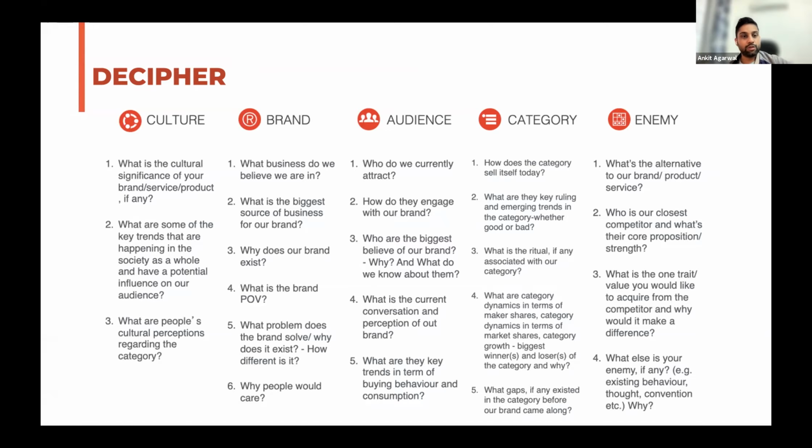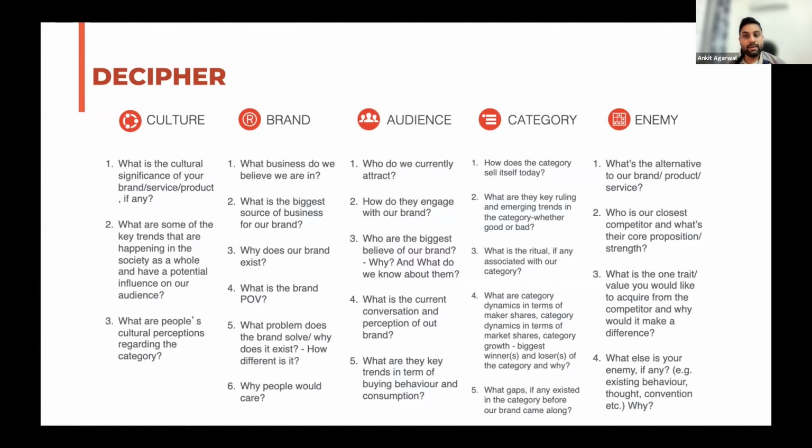I'll give you another example. So for example, if you see the second one, what are some of the key trends that are happening in the society as a whole and have a potential influence on your audience? Now, again, taking the example of decaf, it is a coffee which is decaffeinated, and of course, it is projected towards people who are slightly towards fitness because decaf has a lot of benefits as compared to normal coffee.